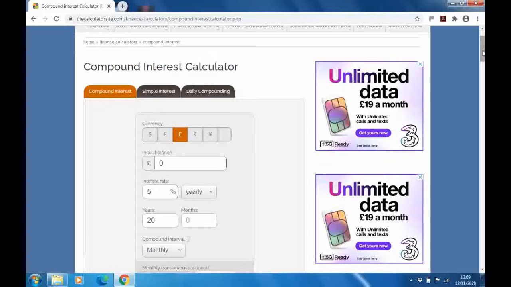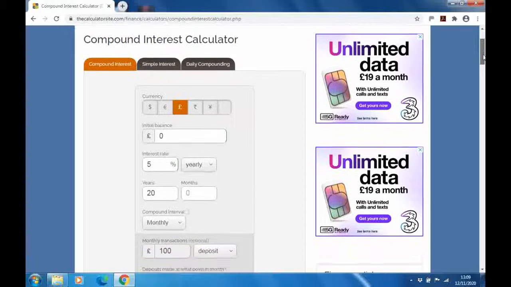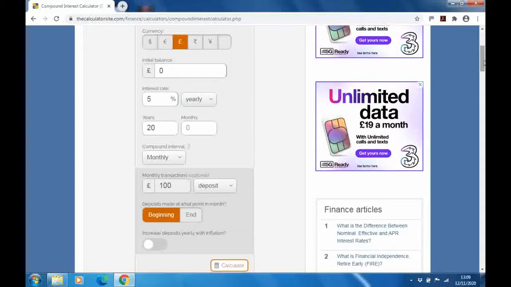And again, the compounding interest calculator works the same way for them. So if you can afford to put a little bit of money away each month into your child's junior stocks and shares ISA, or there must be equivalents in other countries, it will make such an amazing effect.